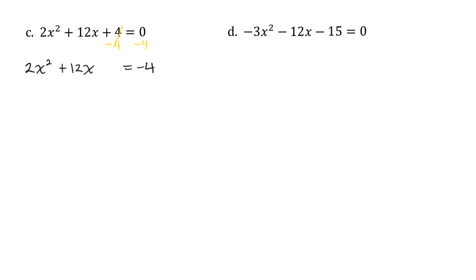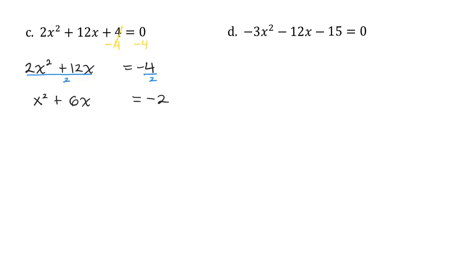So I either need to factor it out or I need to divide it off. In this case, since the left and right both divide by 2, I'm going to divide everything by 2. 2x squared divided by 2 is just x squared. 12x divided by 2 is 6x. Negative 4 divided by 2 is negative 2.